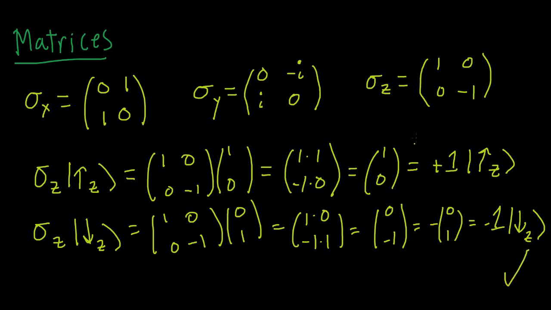So, okay, all three of these matrices work as intended, and these are called the three Pauli matrices.